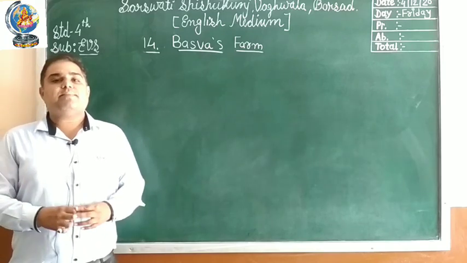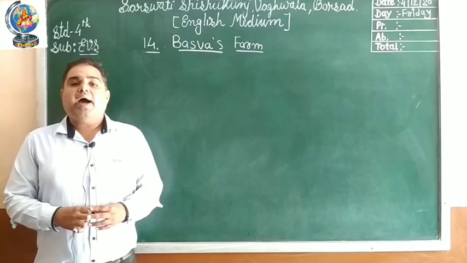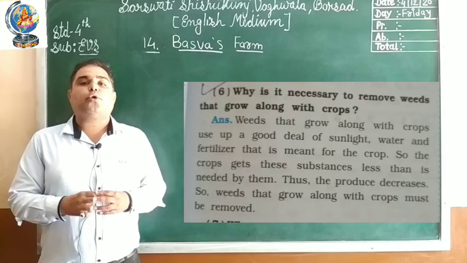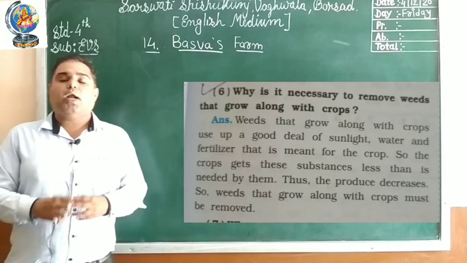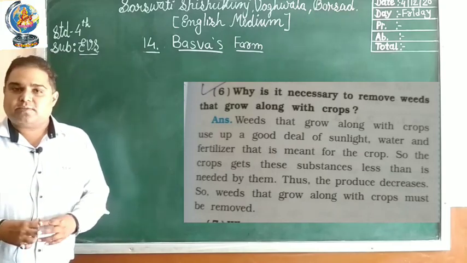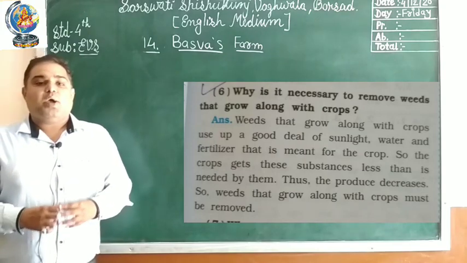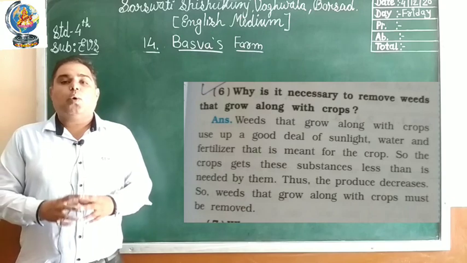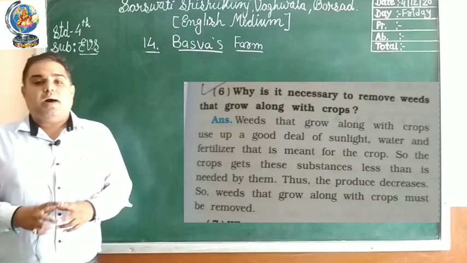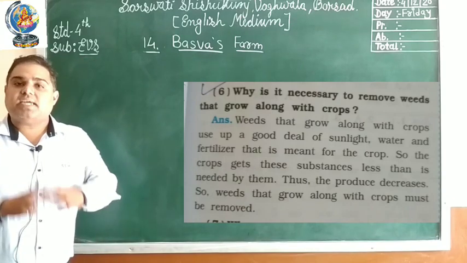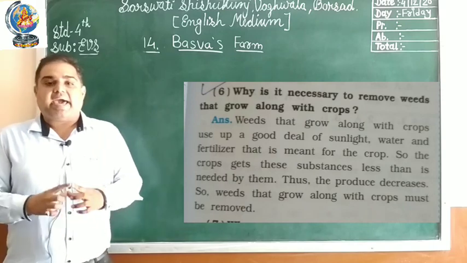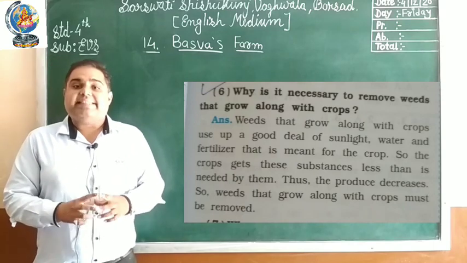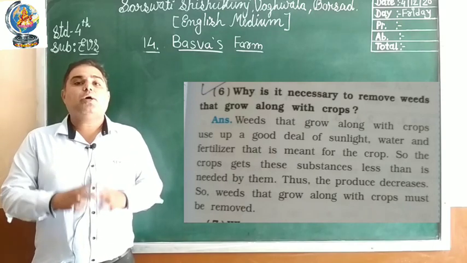Then students, the last question is, why is it necessary to remove weeds that grow along with crops? The answer is, weeds that grow along with crops use up a good deal of sunlight, water and fertilizers that is meant for the crop.